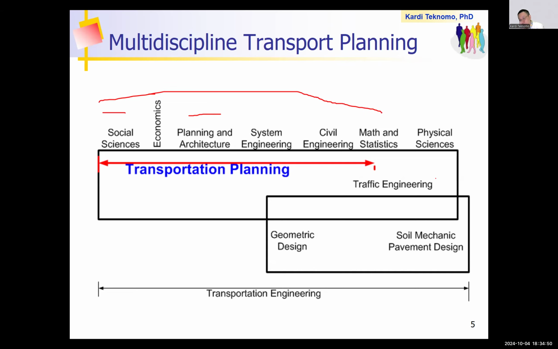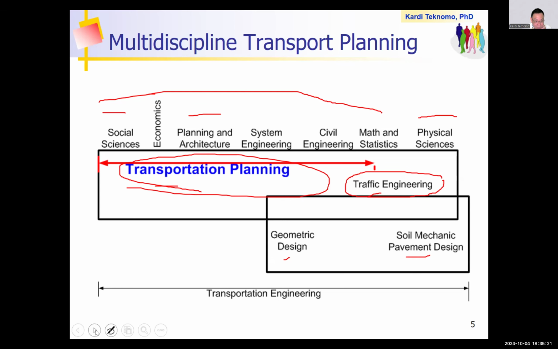When you go to the physical science, here is the boundary. There is an overlap between transport planning and traffic engineering. Transportation engineering covers everything here: transport planning, traffic engineering, geometric design, and soil and pavement design. Our part is transport planning, so not geometric design, not traffic engineering, not pavement.